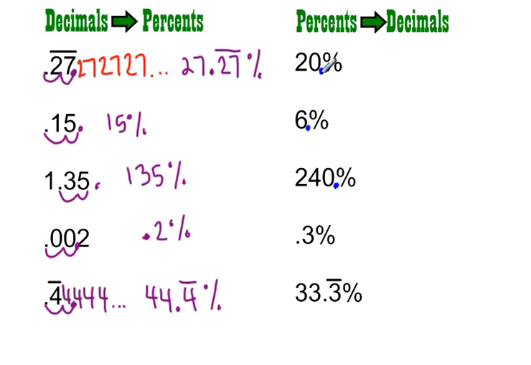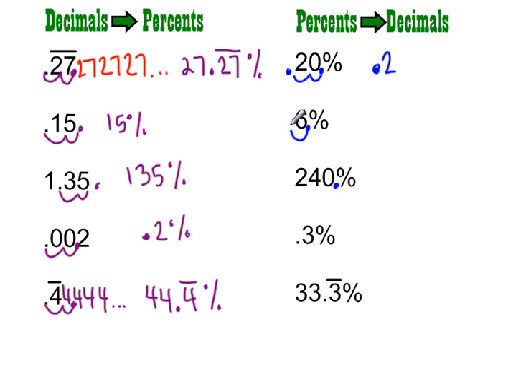So 20%, I'm going to move 2 times to the left. My decimal is 0.2. Now, a lot of times students will write that 0 here. We don't need it. I can write as many zeros as I want after it, and it doesn't change the fact that I only have this 2/10. So we're not going to write any extra zeros.